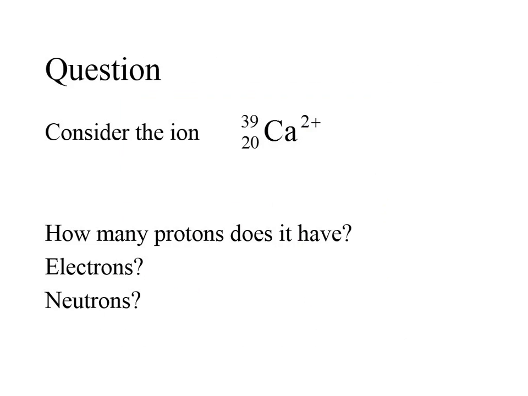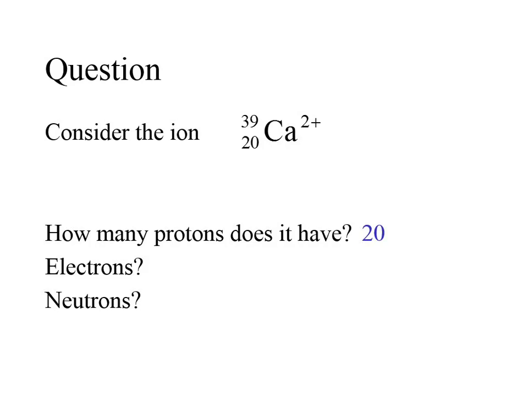So let's do this one right quick. Ca is calcium. Calcium is atomic number 20. This particular isotopic form of calcium has a mass number of 39, so get your bearings. How many protons does it have? 20, exactly.